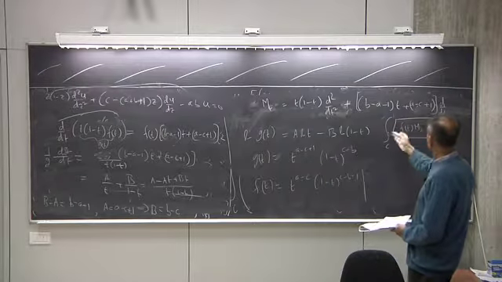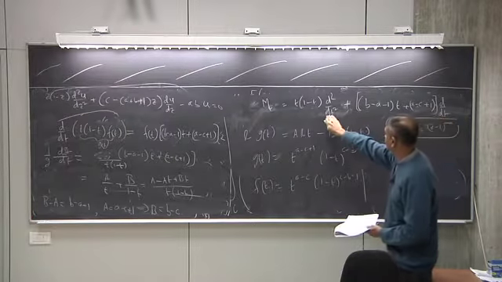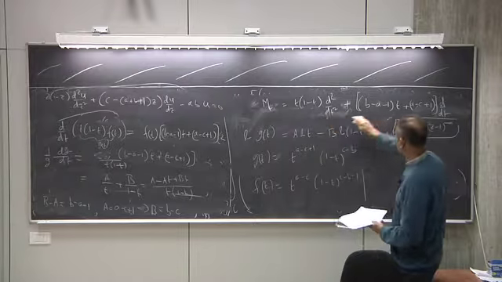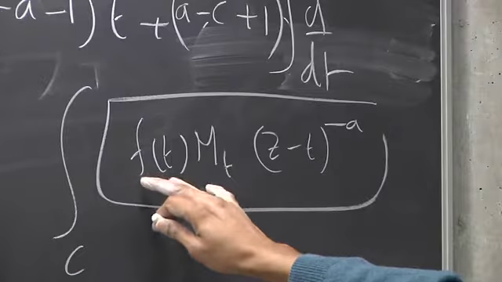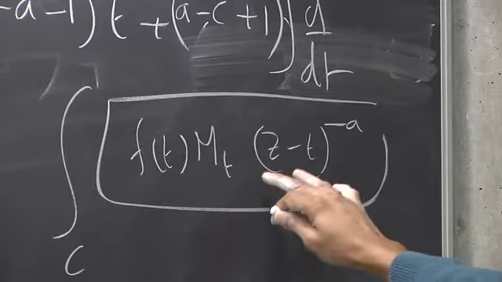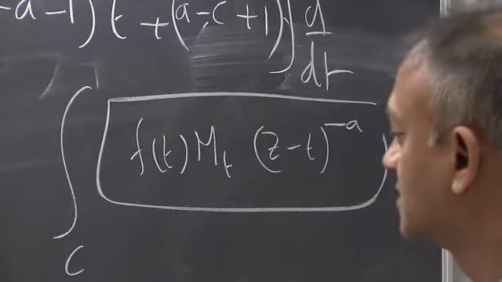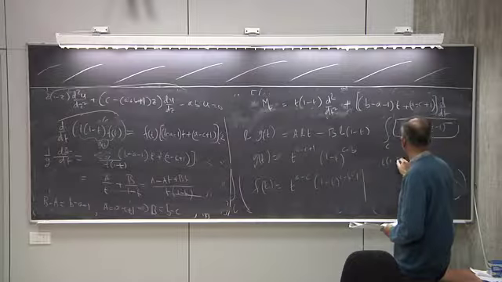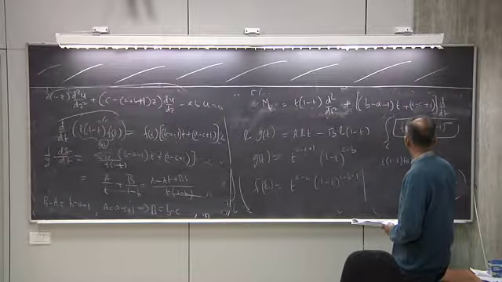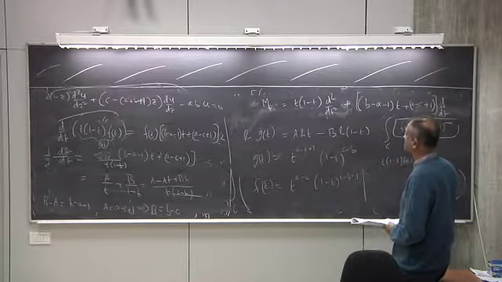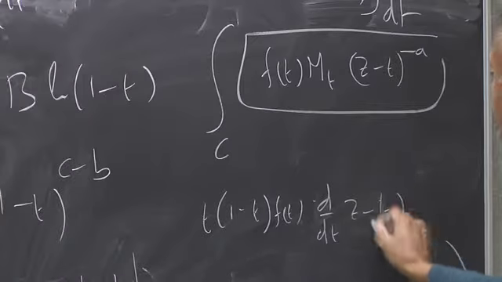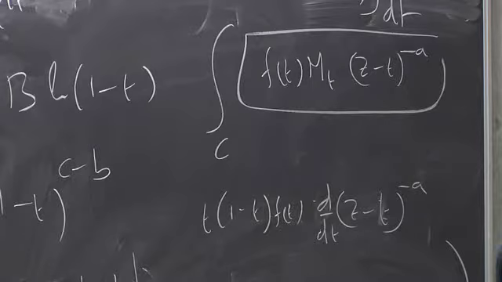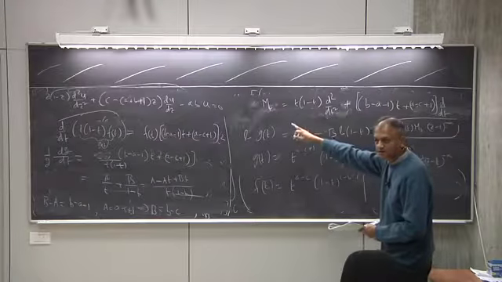Now I need to do two partial integrations, right? Two of this one and one of that. But each time, you will get basically f t times these things. For example, the first time you get t times 1 minus t, f t, z minus t to the minus a, d by dt of that. That's one term, right? When I do the first partial integration.